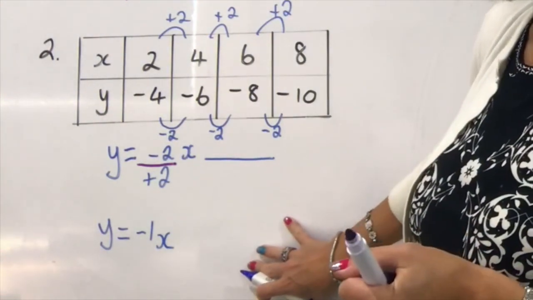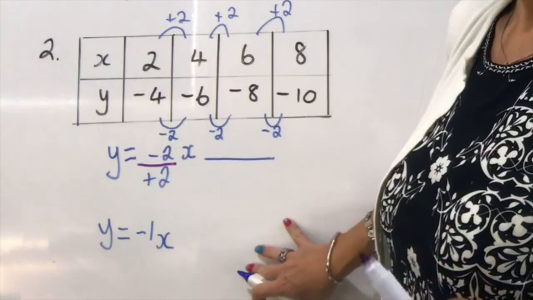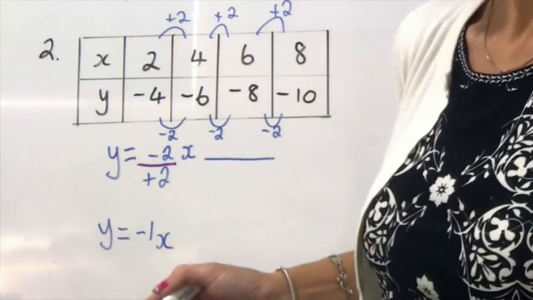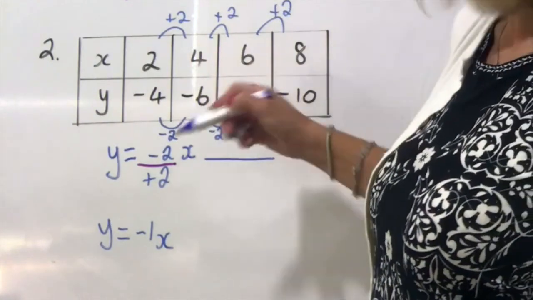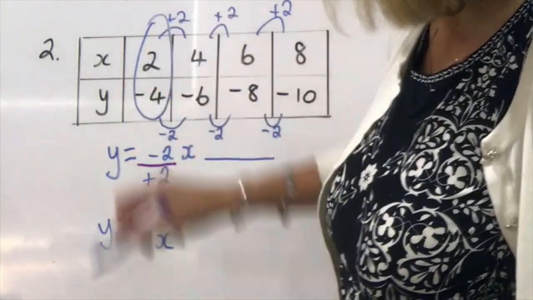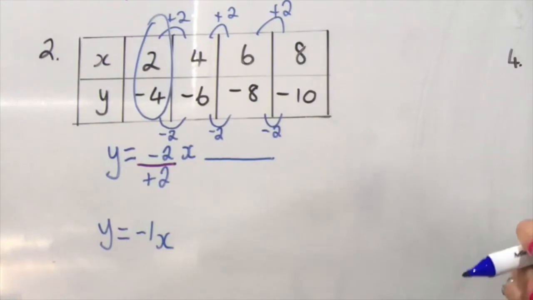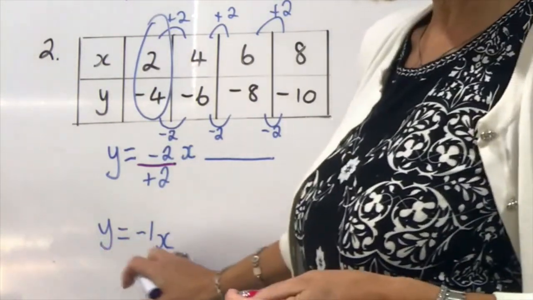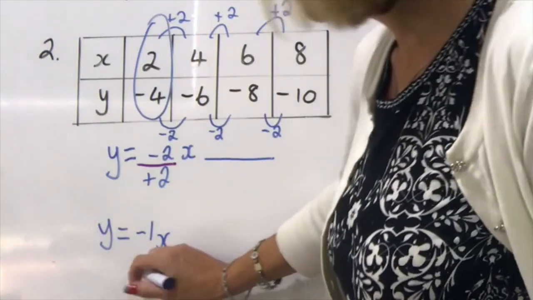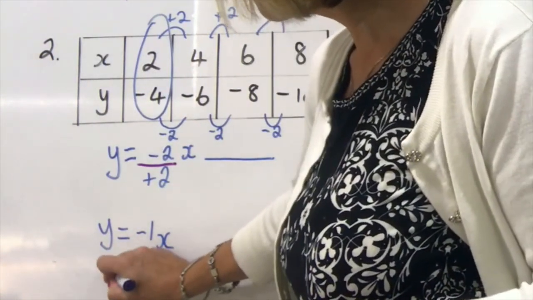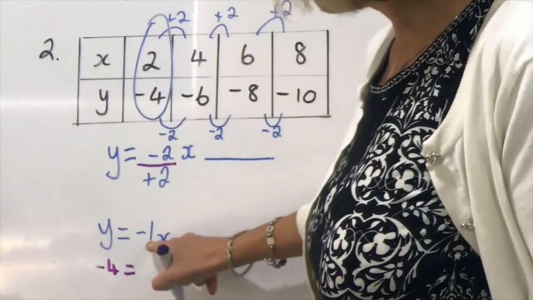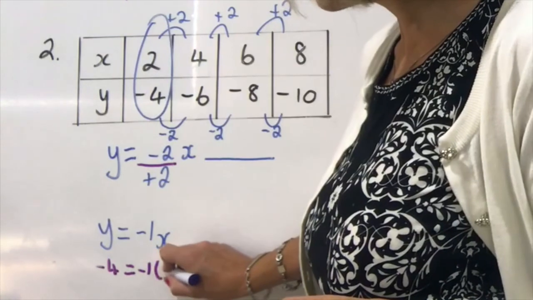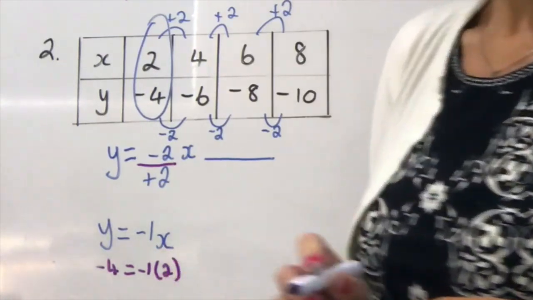And how do I do that? I need to pick a point, any point. So what's the easiest one here? They all look pretty horrible in my opinion because they all have a negative number. So I'll just pick the smallest numbers. x equals 2 and y equals minus 4. So I'm going to put those numbers into the equation that I think it is at the moment. y equals negative 4 equals minus 1 times 2, well, I'll write it down, minus 1 times 2 is minus 2.